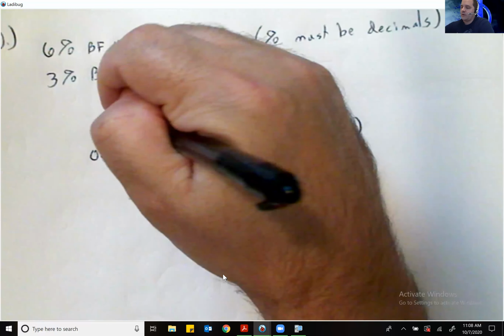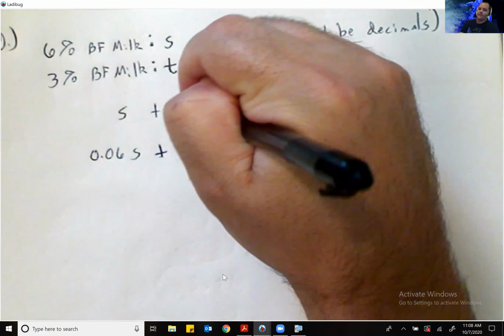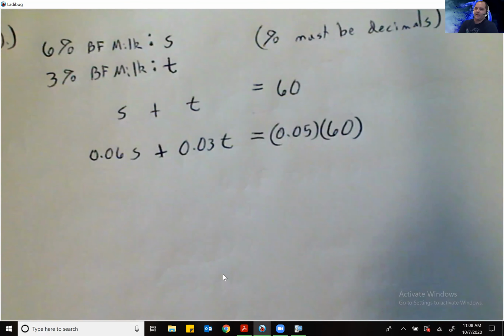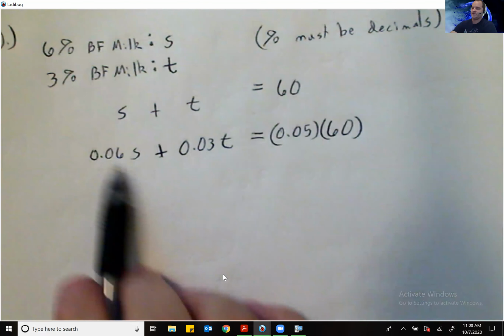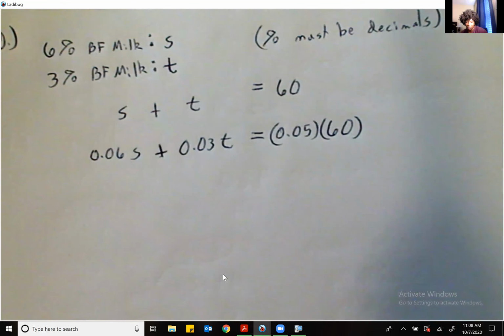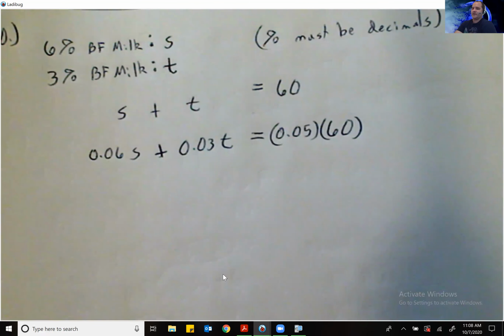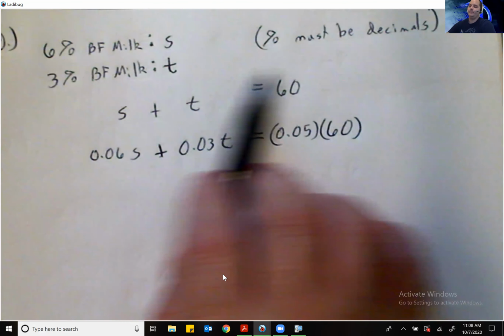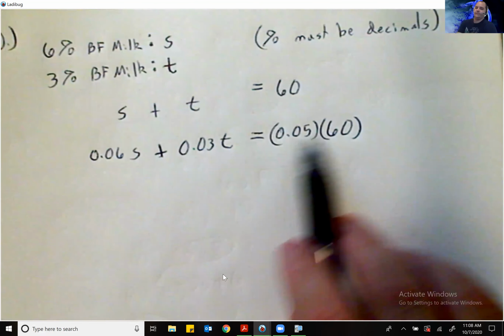Once you've used all the numbers, it's just the variables to make the other equation. So it's just s plus t. Do you ever get S minus T? Well, it's possible, but for us, it's going to be plus because we're mixing. We're putting stuff together. So what method would we use to solve this?